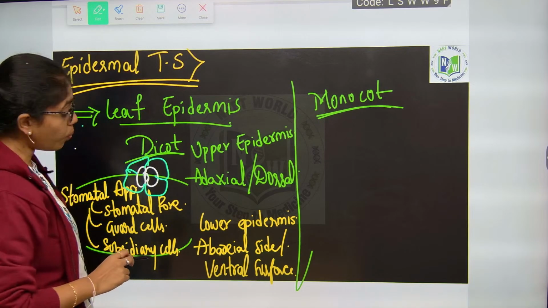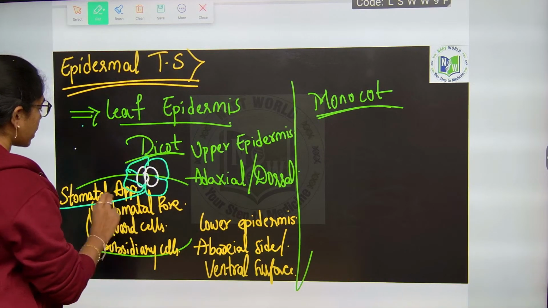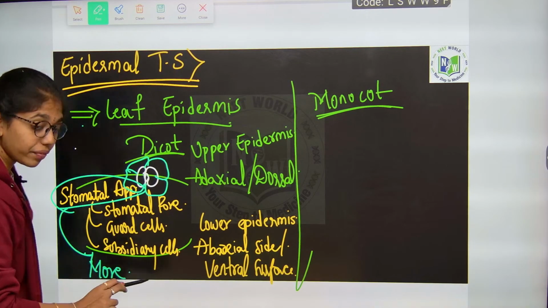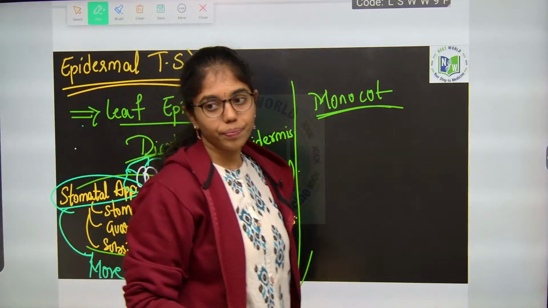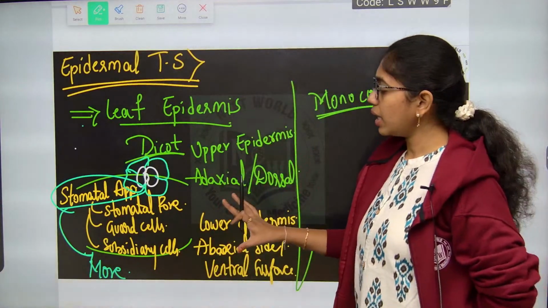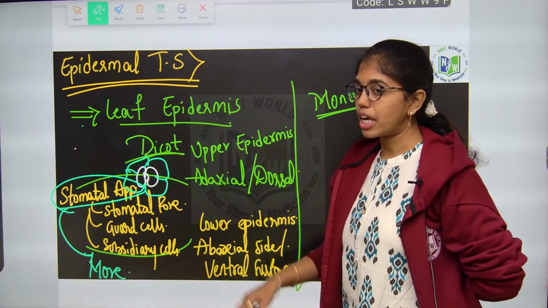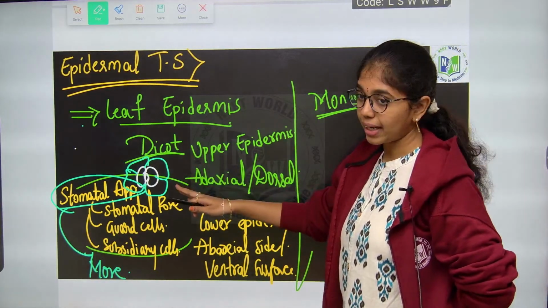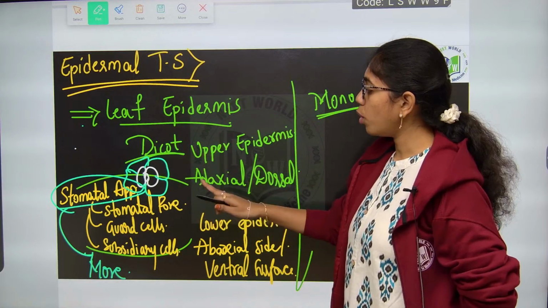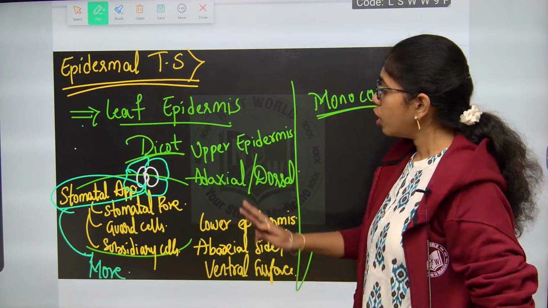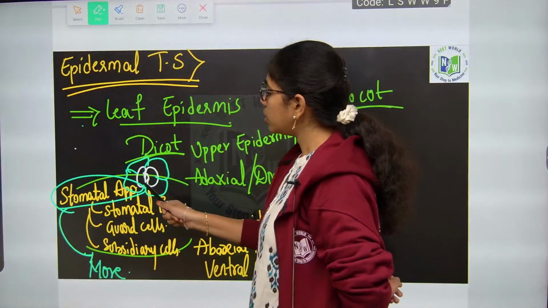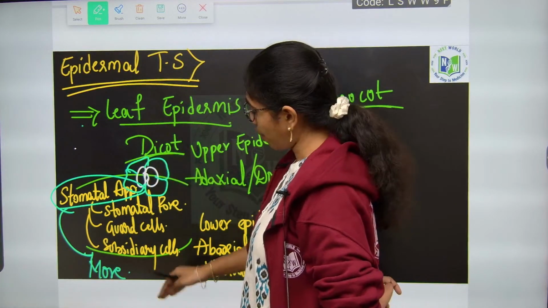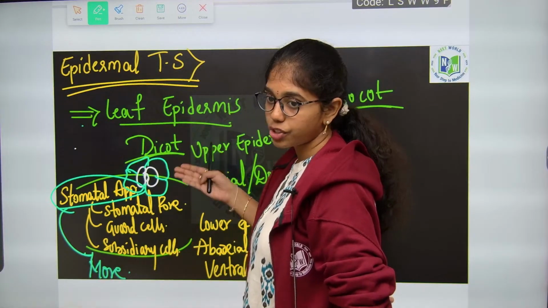More amount of stomatal apparatus you can find in the abaxial epidermis to prevent the process of transpiration. Fine, till here what are the epidermal appendages that you see in the dicot leaf? You have stomatal apparatus, which includes stomatal pore, guard cells and subsidiary cells. They are more present in the abaxial surface when compared to the adaxial surface.